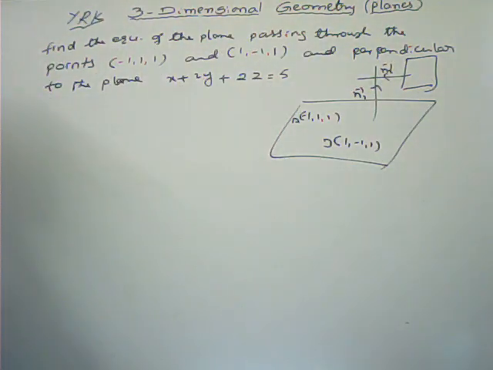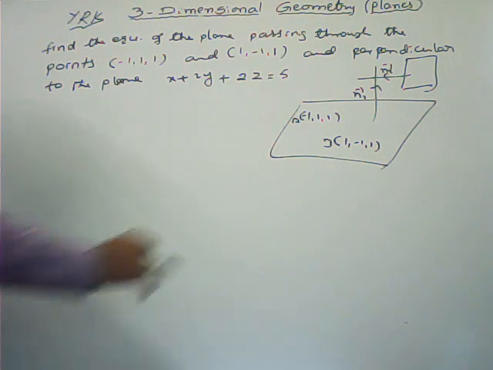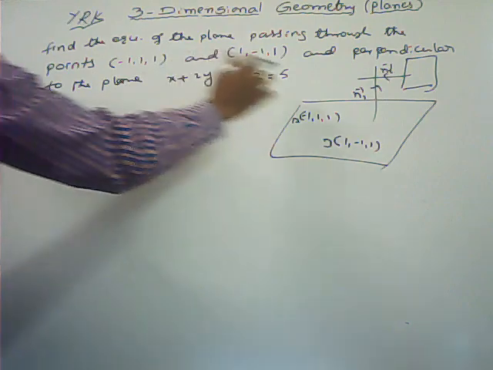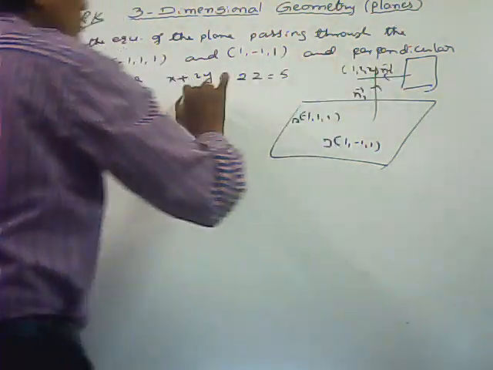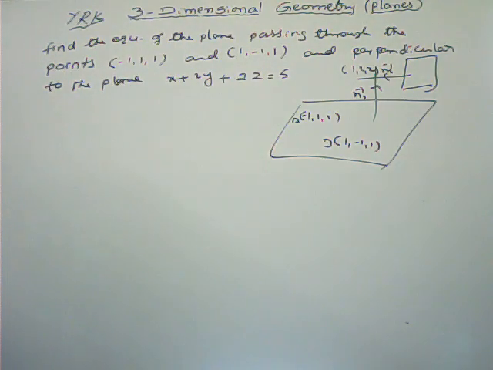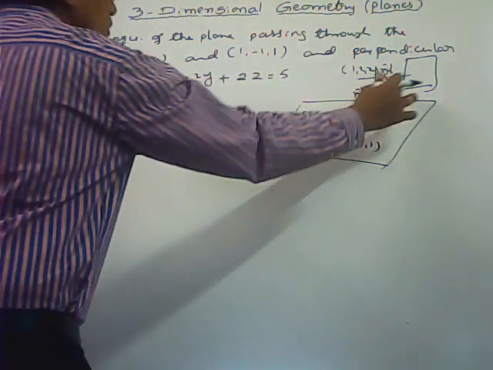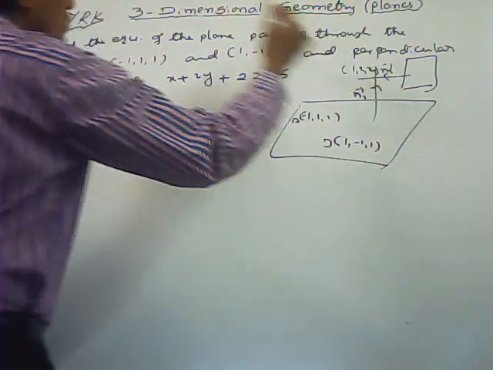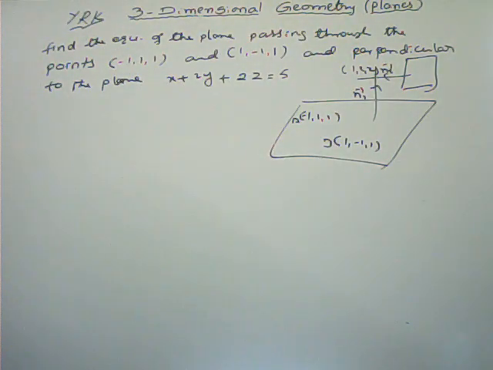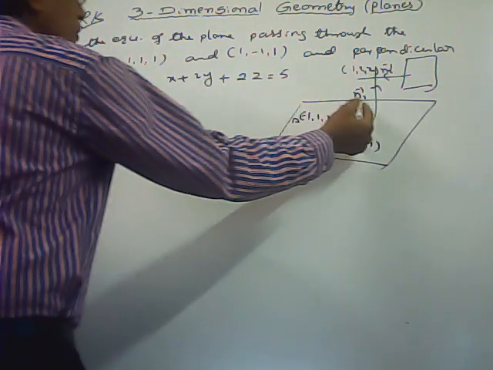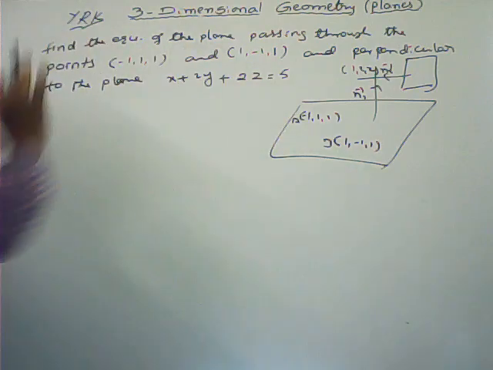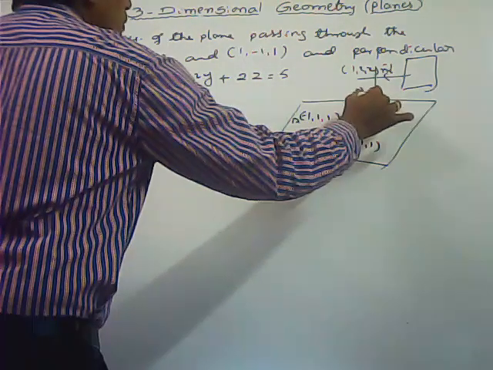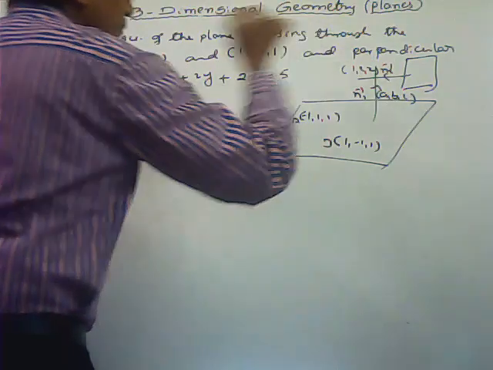The normal DRs of the required plane I am taking as n1 bar, and the normal DRs of the second plane I am taking as n2 bar. So n2 bar is given as 1, 2, 2. Those are the normal DRs of the second plane. If these two planes are perpendicular, then n1 bar is perpendicular to n2 bar. Here the normal DRs of the required plane are not given, only the 2 points it passes through are given. So I am taking the normal DRs of this plane as a, b, c.